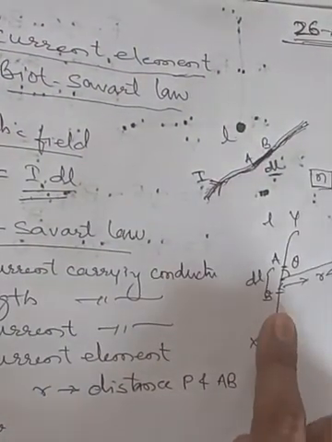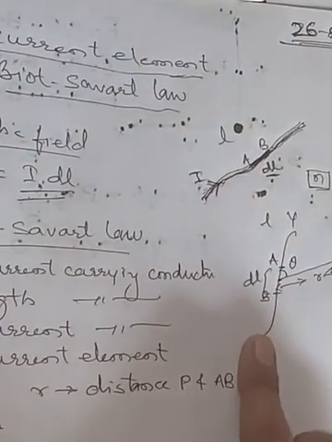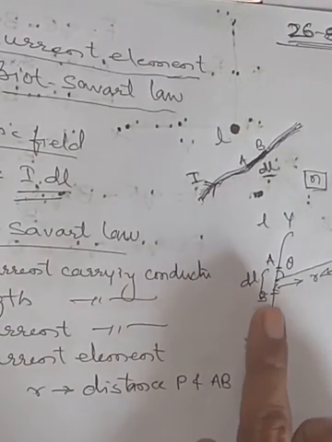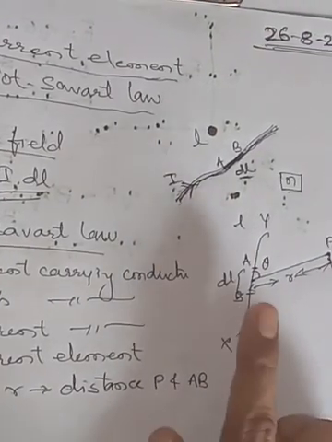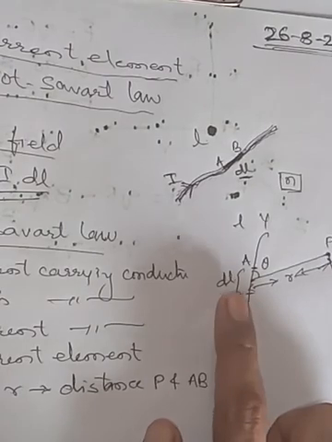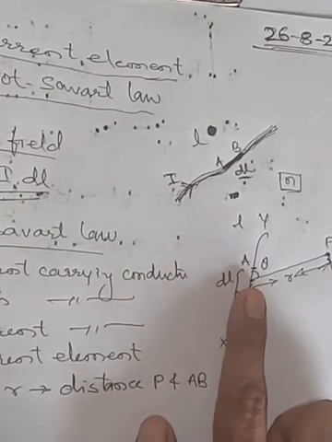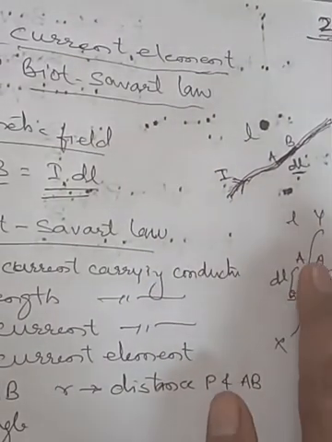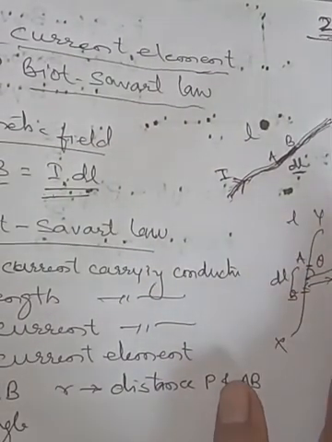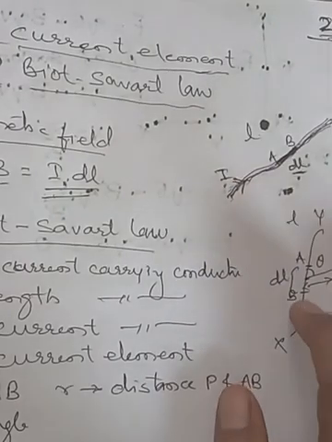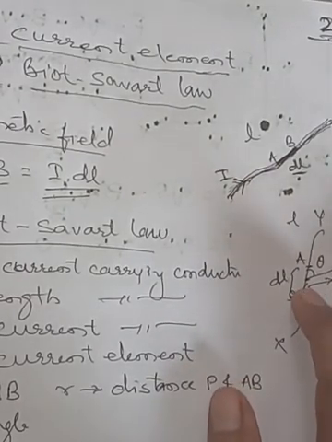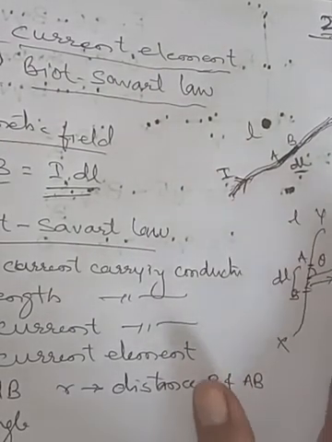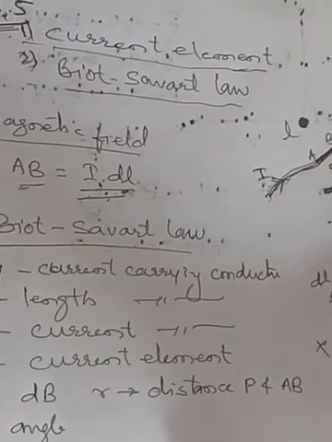In this Biot-Savart law, first we have considered a wire of length L which is carrying I amount of current. AB is the current element of length dl. Theta is the angle made by the line joining the center of the current element and the point P. R is the distance between the current element and the point P. dB is the magnetic field which has to be calculated at point P. Why are we considering dB?